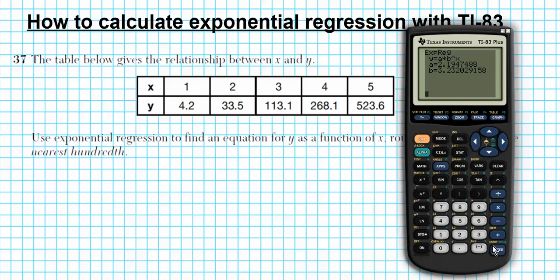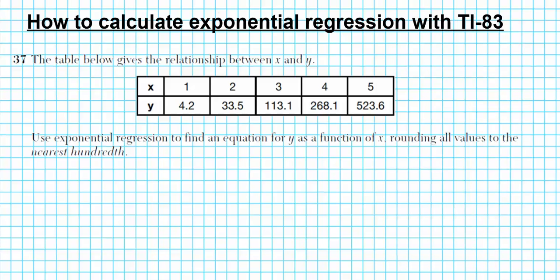Using the y equals a times b to the x format, a is 2.1947 and b is 3.23. So let's go ahead and write that down. The form that we're using is y equals a times b to the x.